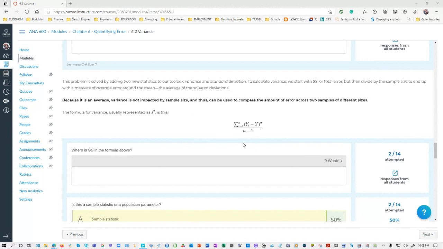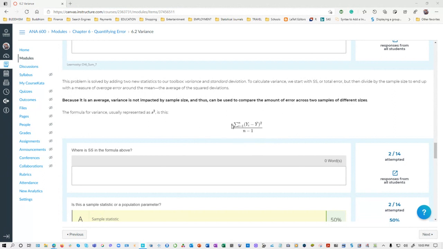Whose variance is this? The variation of the thumb length. It is not impacted by the sample size.